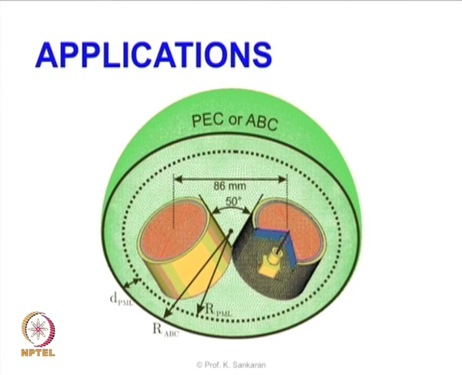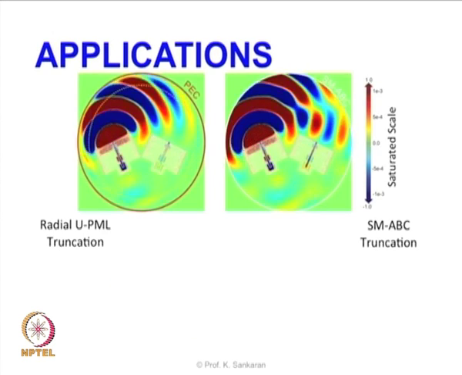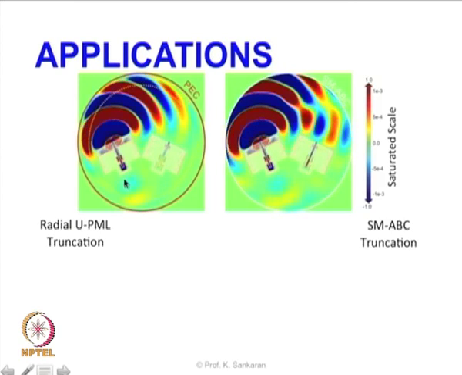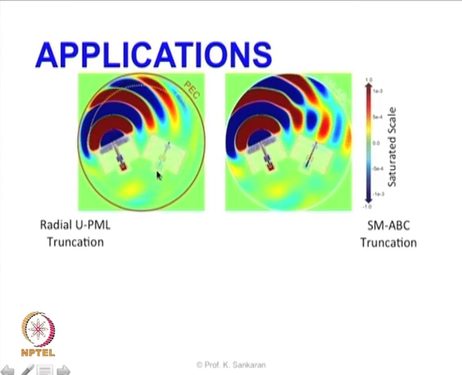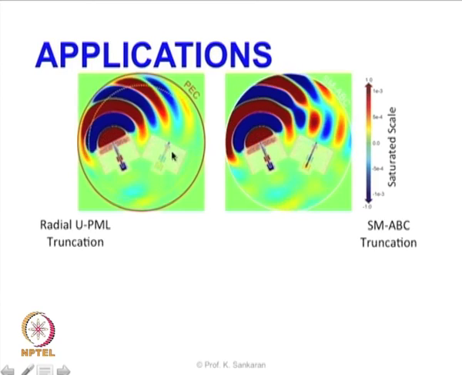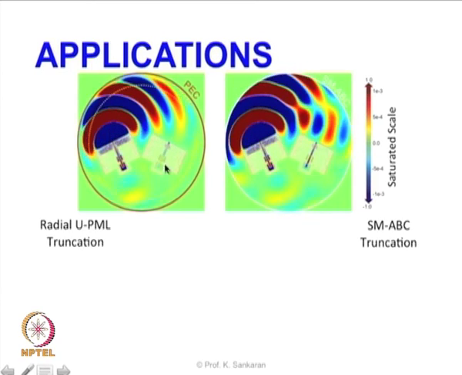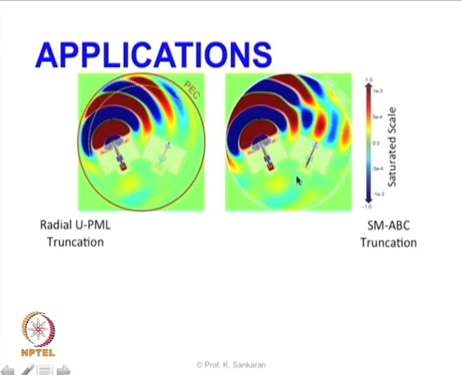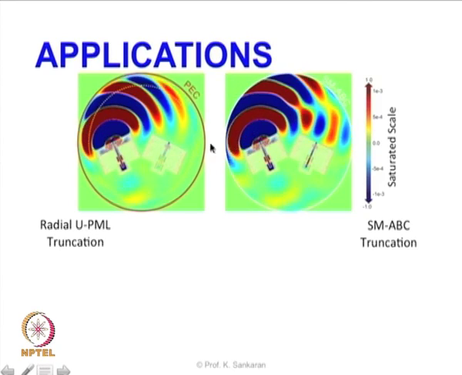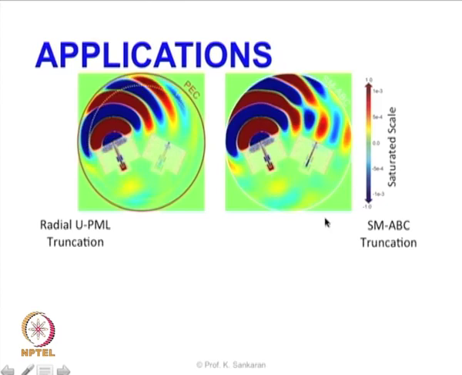So this is what we are computing, and with this problem definition we will see what is happening in the practical simulation. You see that one of the antennas is excited, and the other antenna is getting coupled here.